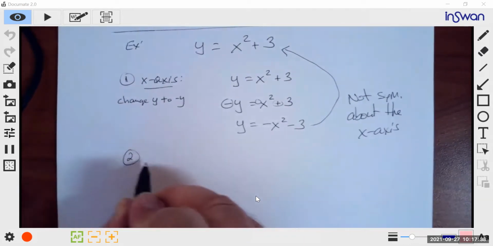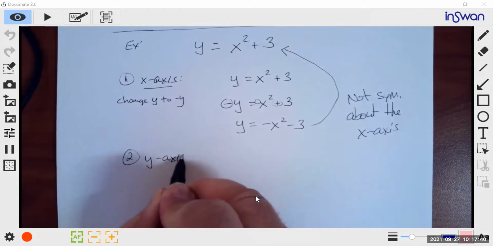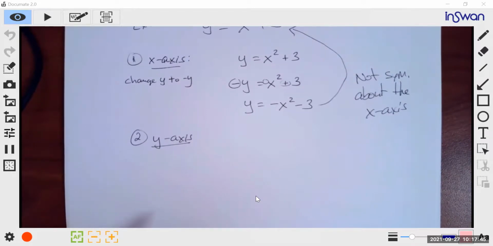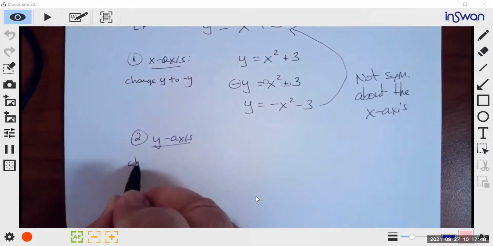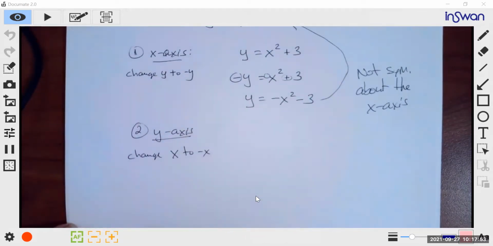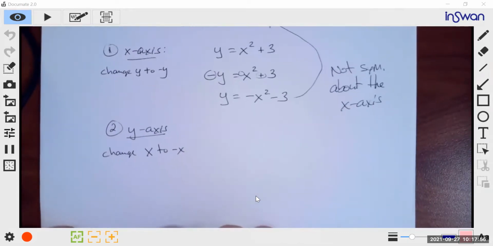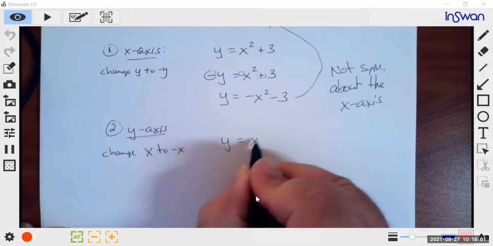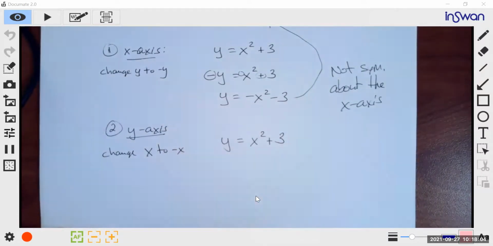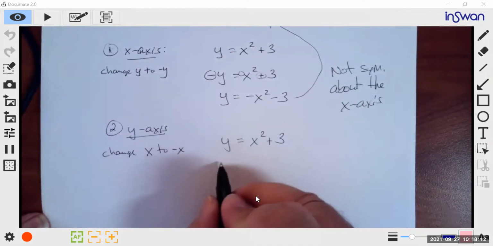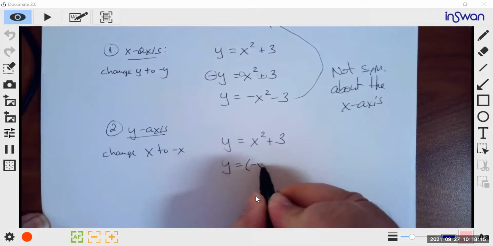How about the y-axis? Here we change x to -x. So I change x to -x.